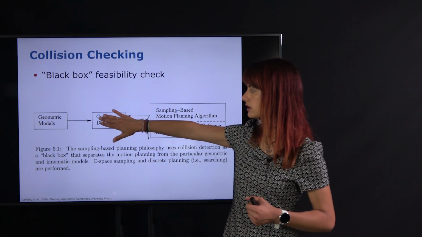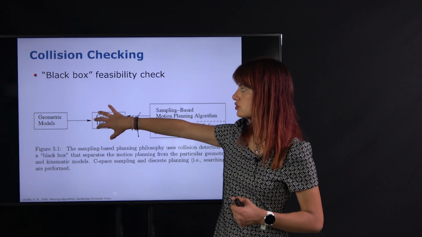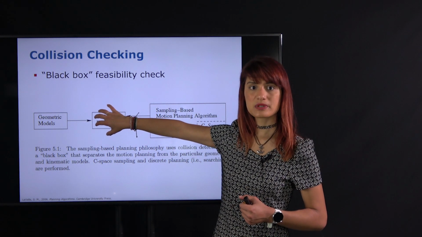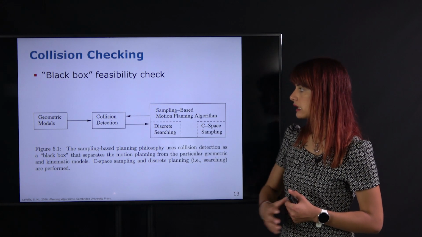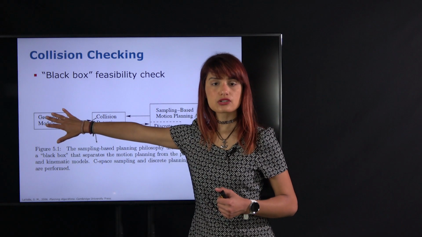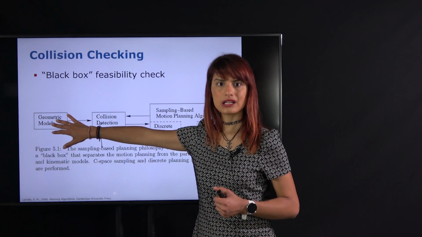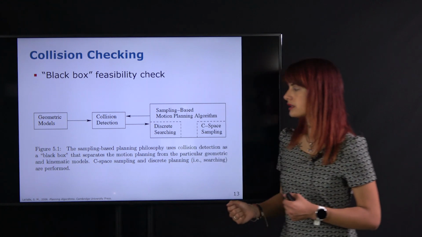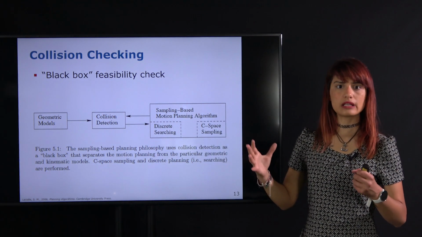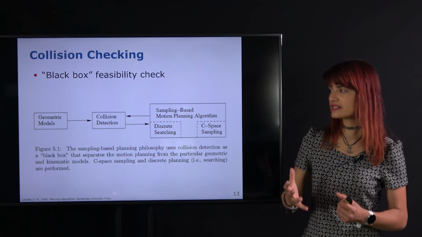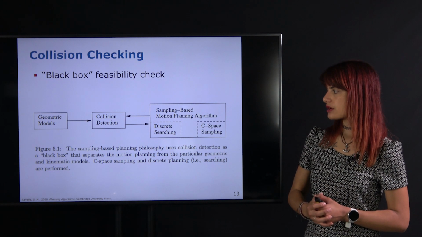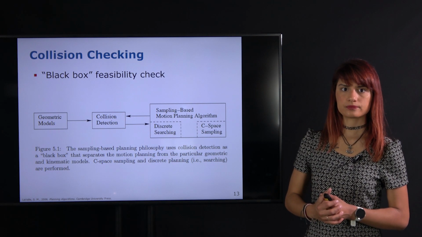So the collision detection is usually very implementation specific. It leverages the actual geometry of the robot and the environment and then tries to overlay them on top of each other and see whether two configurations are in collision.